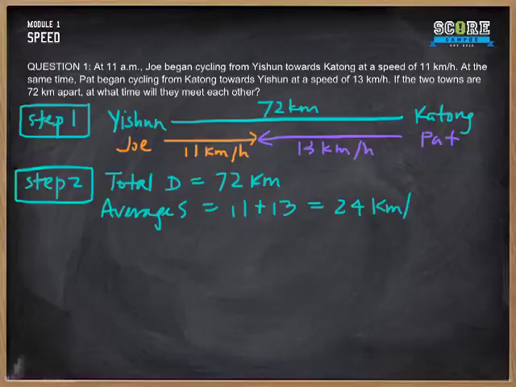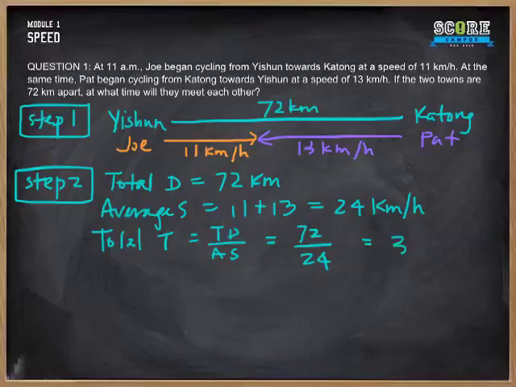So from here we can calculate total time taken. Total time equals total distance over average speed, equals 72 over 24. Do the division and the time taken is 3 hours.